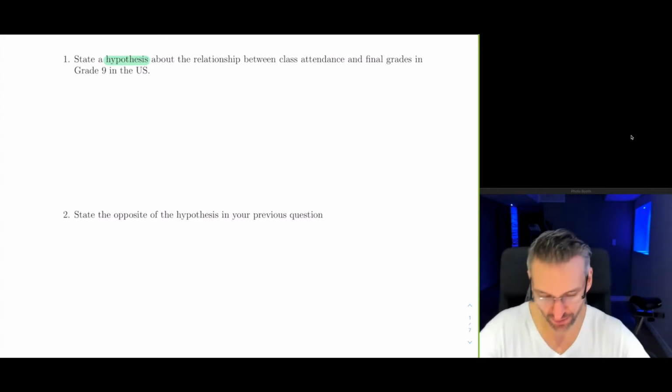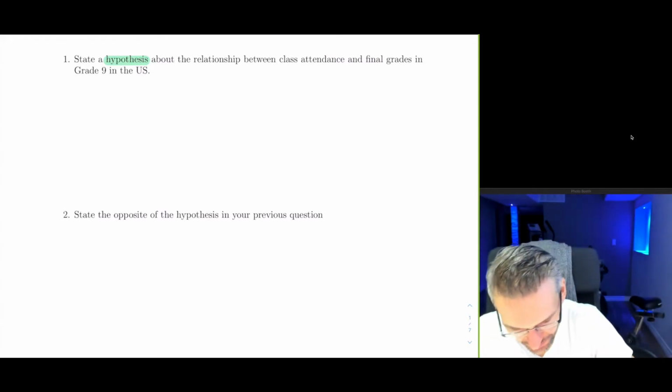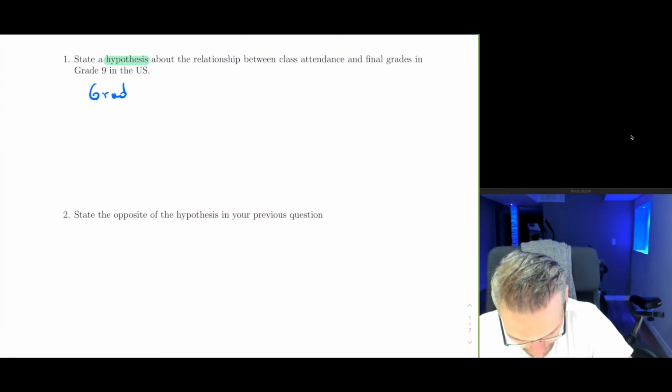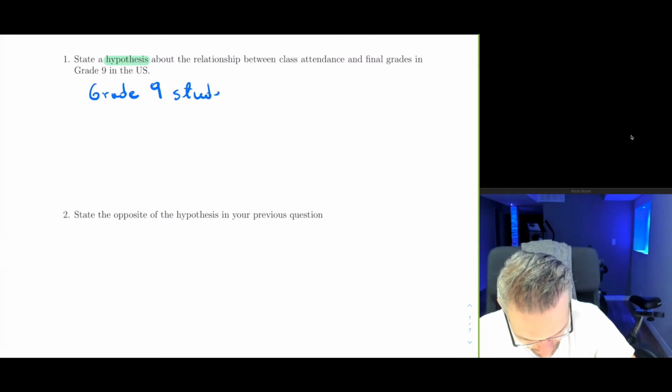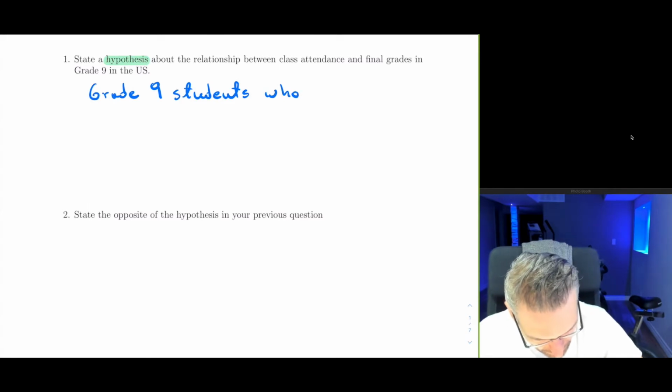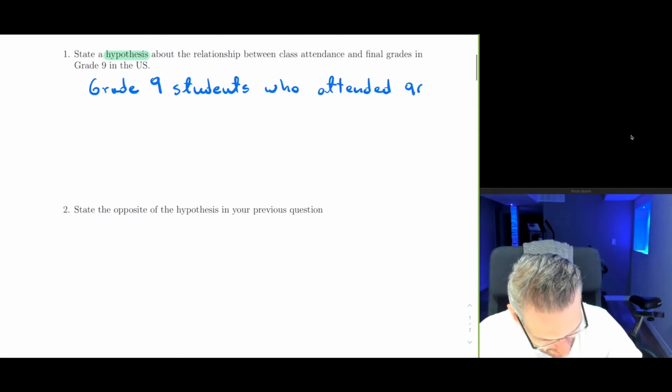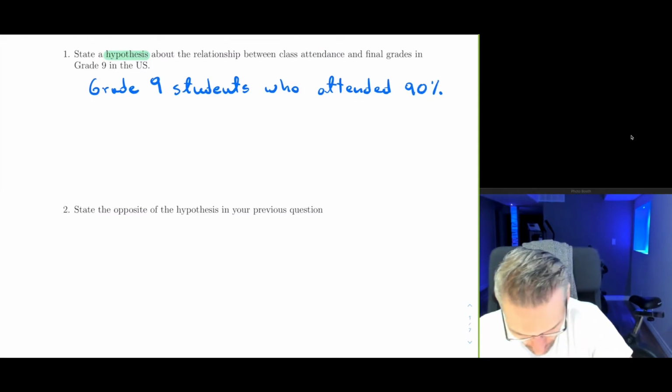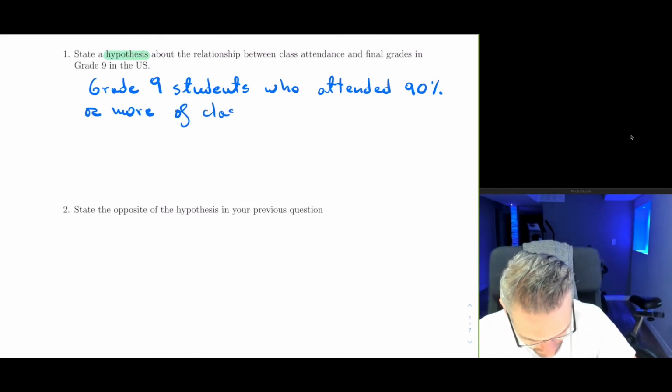So the key components, so here let me write it out. Grade 9 students who attended, so I said 90% or more of classes.